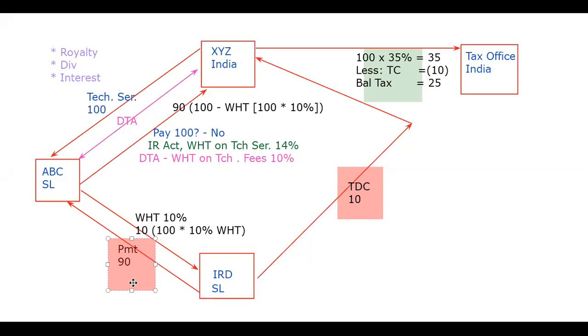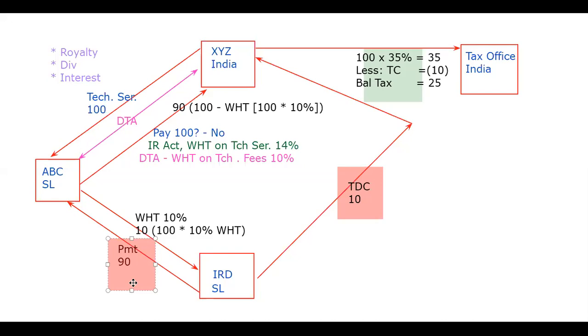Then they need to come back to the Inland Revenue Department and pay 10 to the Inland Revenue Department, and then they will issue two clearance certificates. One is to claim the tax credit in India, whatever the respective foreign party. For the other 90, they will issue a separate certificate in order to release the payment. Then the bank knows that the IRD is confirming this person has paid the respective taxes and you can release the payment.